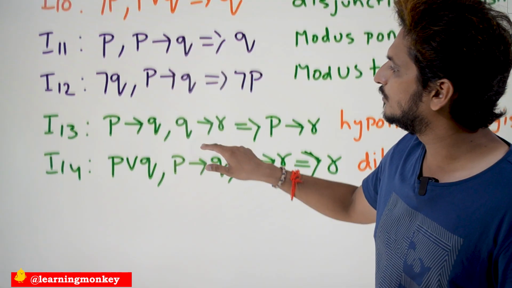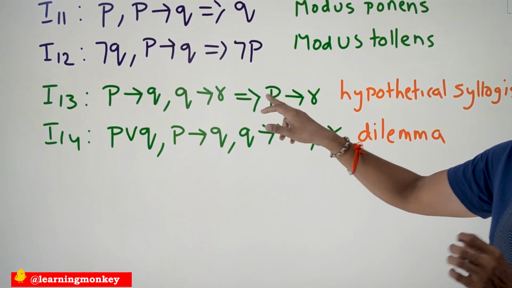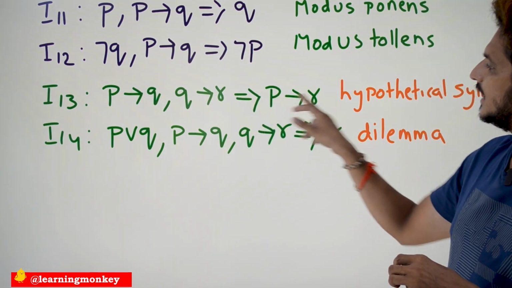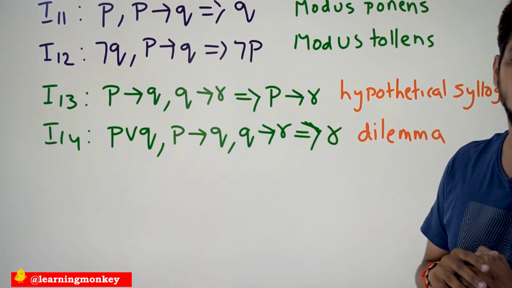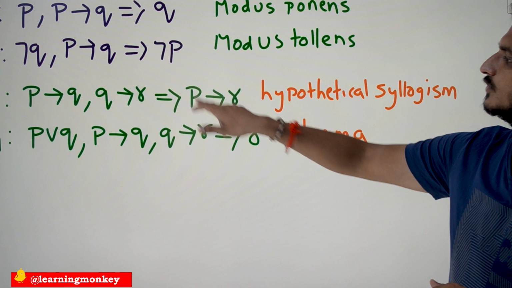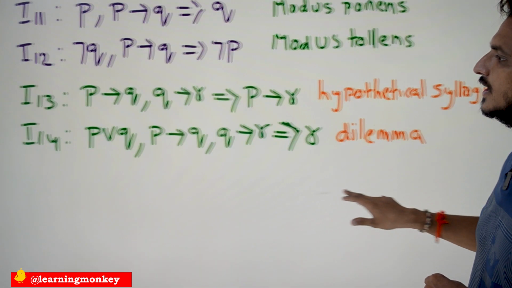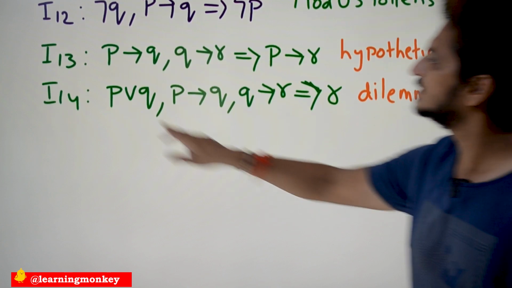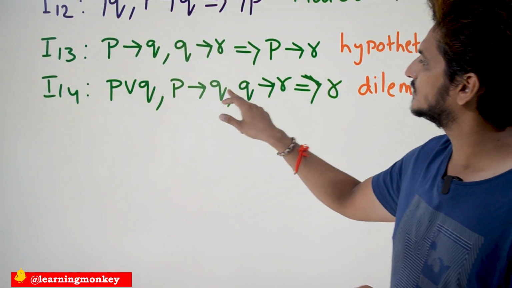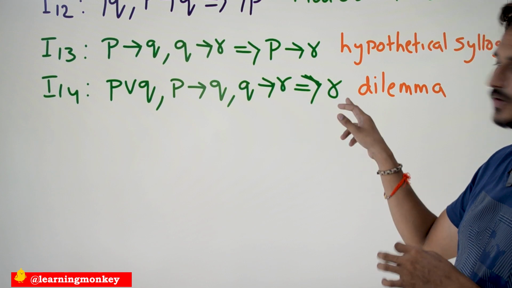Similarly the 13th one: P implies Q comma Q implies R. This tautologically implies P implies R. This equation we call hypothetical syllogism. The last one is P disjunction Q, P implies Q, Q implies R. This tautologically implies R.